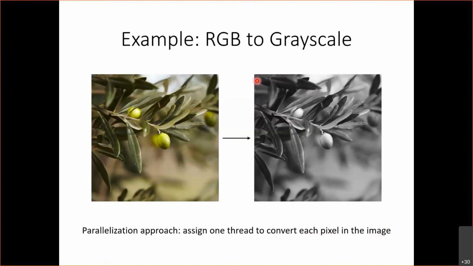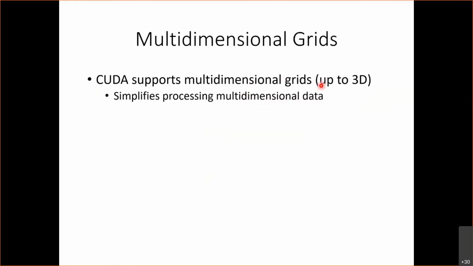Now the image is a multi-dimensional array, right? It has a width and it has a height. And because the image is a multi-dimensional array, it's convenient for us to have our threads also have multi-dimensional indices. And it turns out that CUDA actually supports multi-dimensional grids.